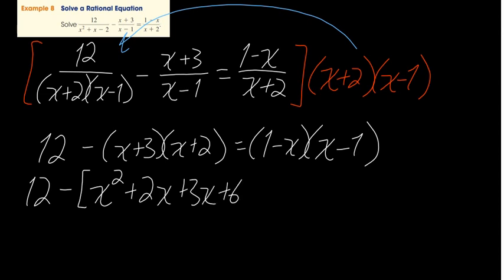I'll give you a little jump start in case you did forget. Remember, you do the first two, and that's where we got x squared. And then we do x times 2, and that's where we got 2x. We do 3 times x, that's where we got 3x. And then we did 3 times 2, which is where we got 6. Okay, so everything is accounted for. Everybody has paired off at some point or the other.